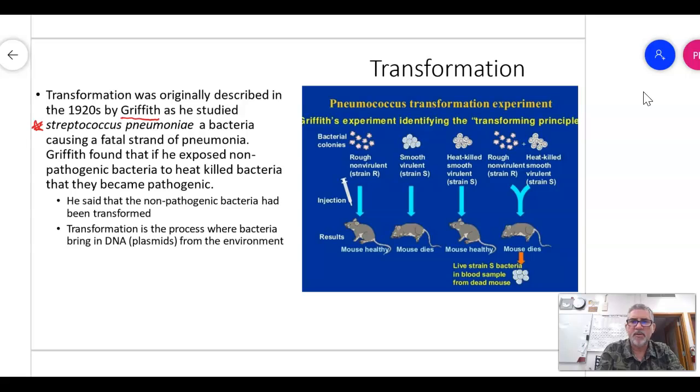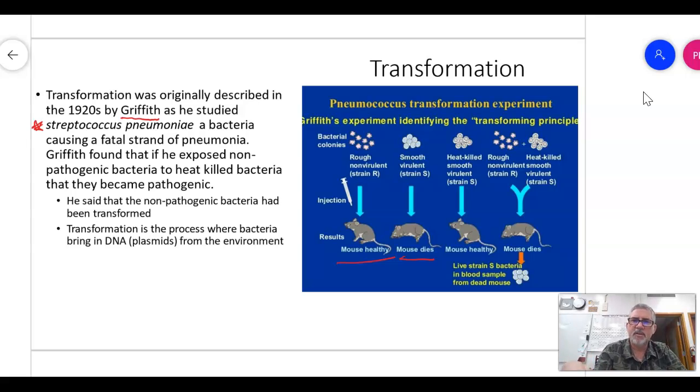If you look at the picture, the first one on the left, he took a healthy mouse and gave it the rough, non-virulent strain. He injected it into the mouse, and the mouse didn't die. Nothing happened. Then he took a smooth strain of the same bacteria and injected it into the mouse, and the mouse dies. So this is called the virulent, or the disease-causing strain.